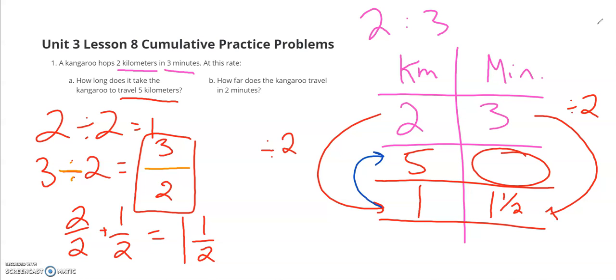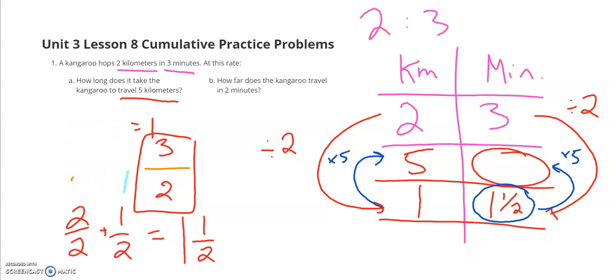So to get from 1 to 5, we're multiplying by 5. We're taking 1.5 and multiplying by 5. If the kangaroo takes 1.5 minutes to go 1 kilometer, how many minutes for 5 kilometers?